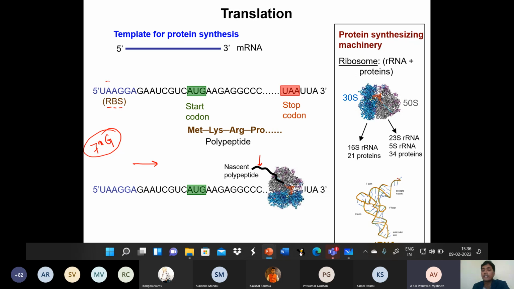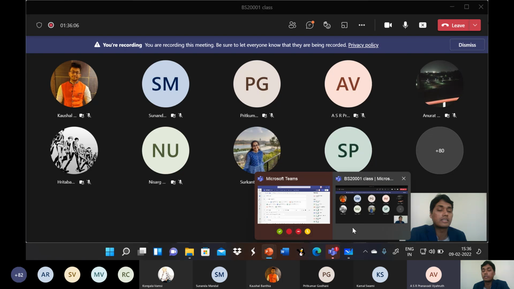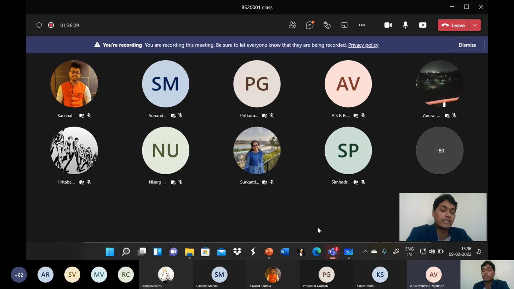And for tRNA, I already mentioned the anticodon loop that helps to recognize the codon. The tRNAs bring a specific amino acid. As a result of that, we are able to convert the information from nucleotide sequence to amino acid sequence.